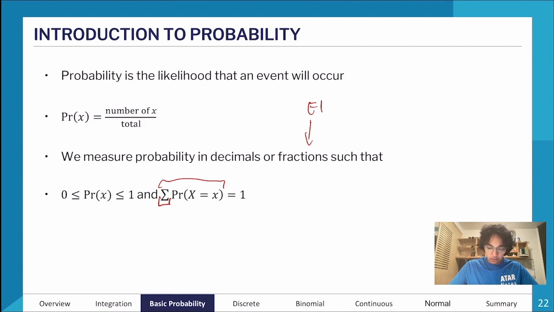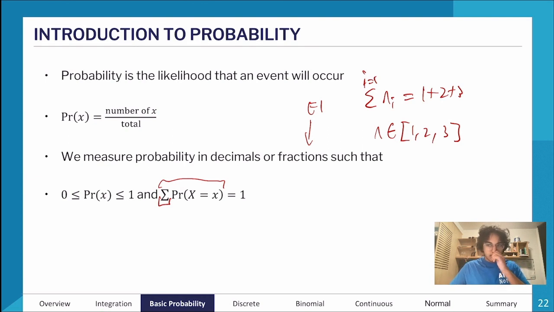So maybe the sum of n_i, where n is a set and i is equal to 1. Maybe n is a set of 1, 2, and 3. The notation's not entirely correct, but hopefully this will help you get the gist of it. You're just doing 1 plus 2 plus 3, right? You're just summing all the values in that set.